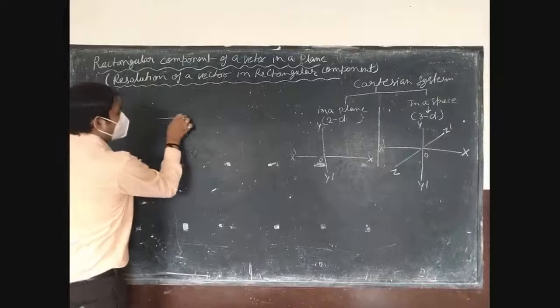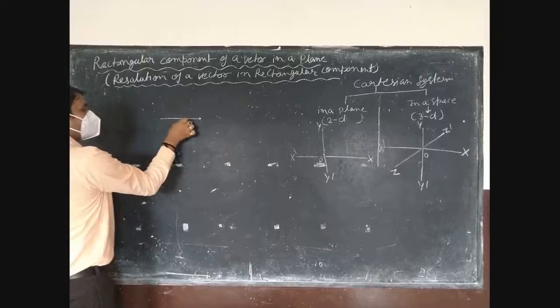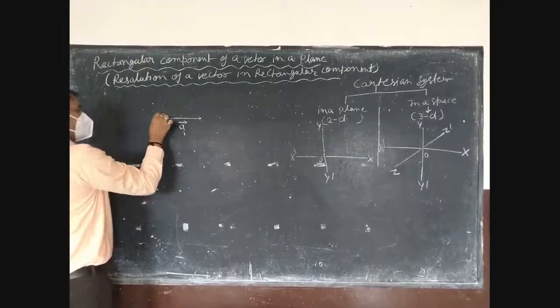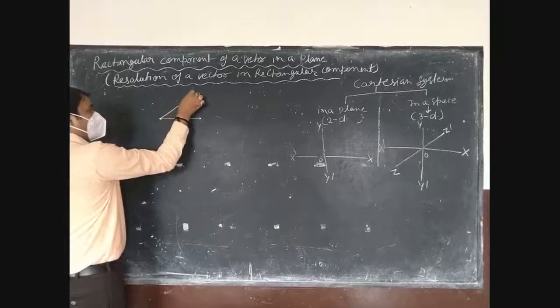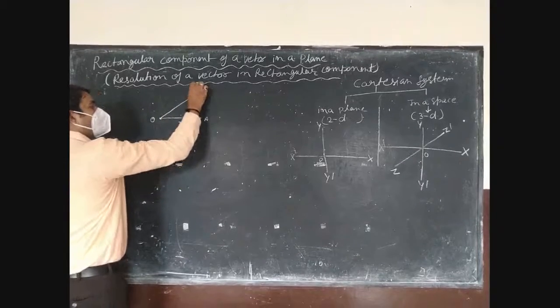Let's say two vectors are acting along a point O in the direction OA and OB.